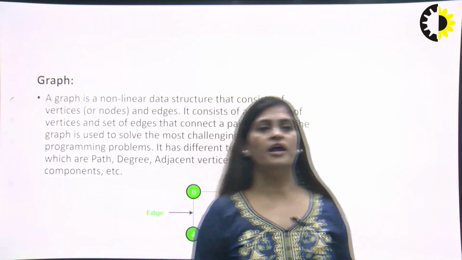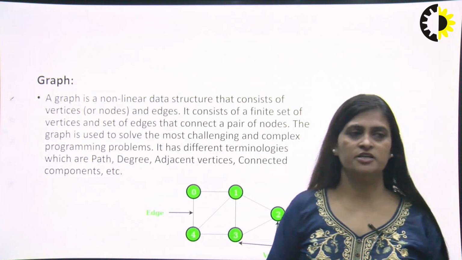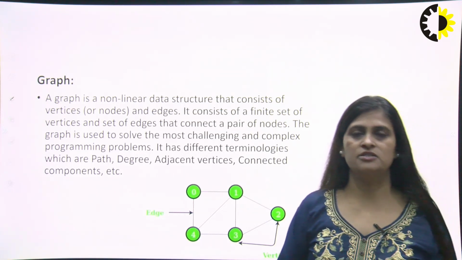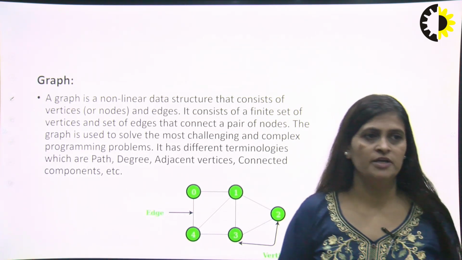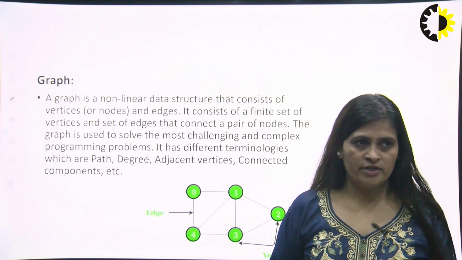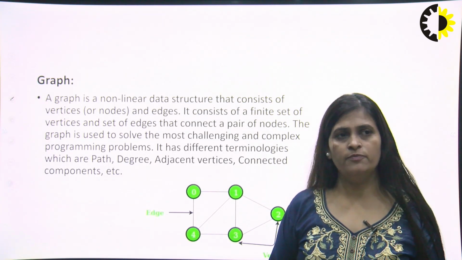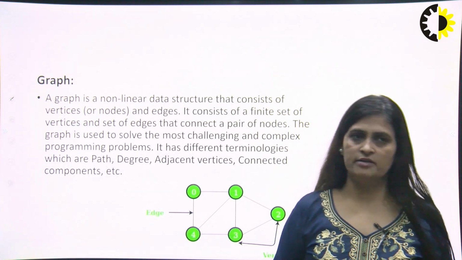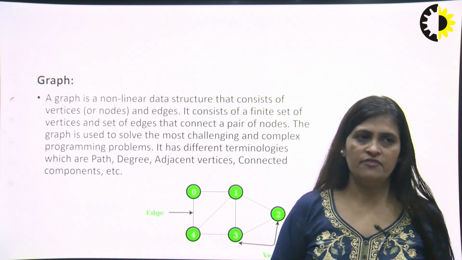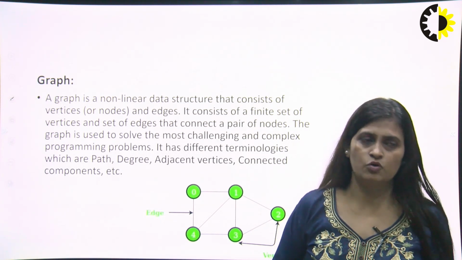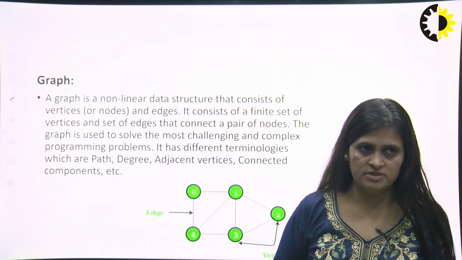Graph. A graph is a non-linear data structure and consists of vertices or nodes and edges. It consists of a finite set of vertices and a set of edges that connect pairs of nodes. The graph is used to solve the most challenging and complex programming problems.